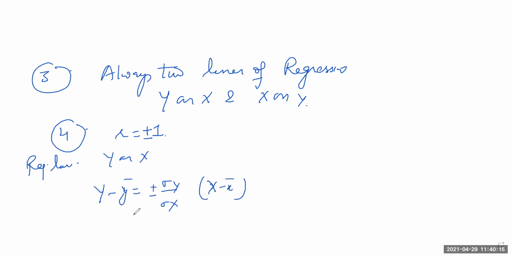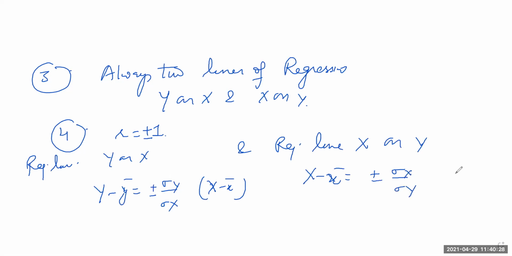So here you will get plus minus 1. And the regression line x on y: x minus x bar is equal to plus minus sigma x upon sigma y into y minus y bar, right? So these are the two lines of regression.